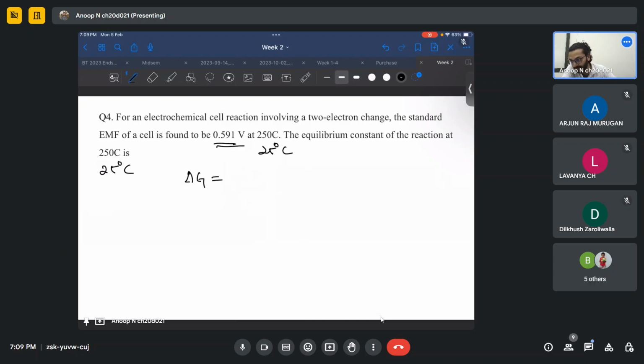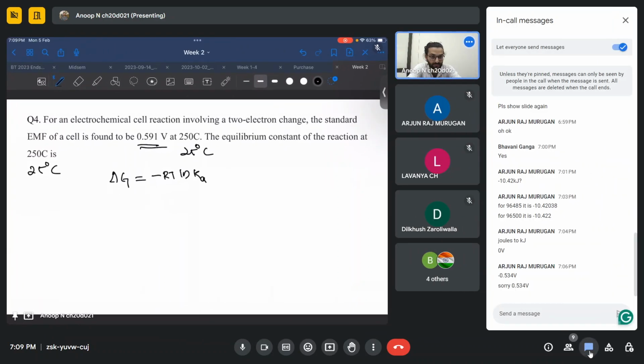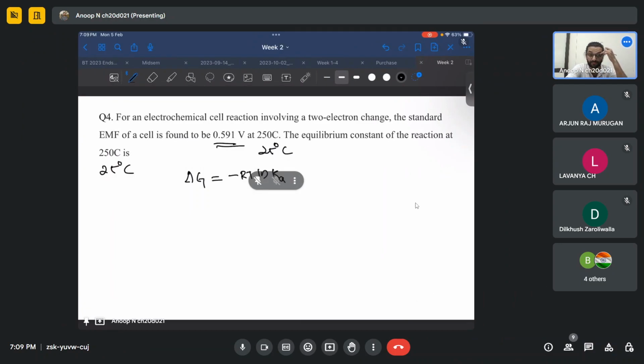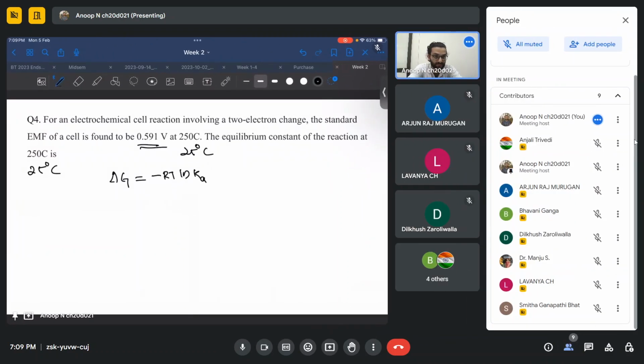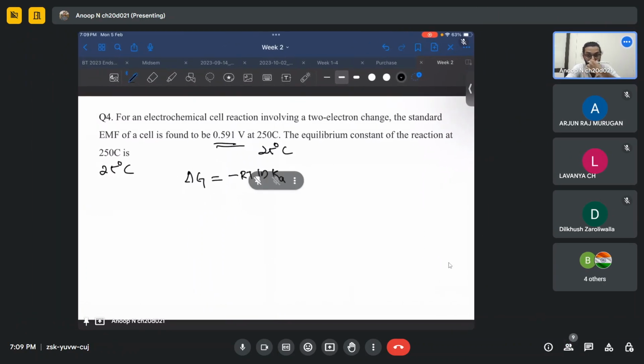Delta G is equal to minus RT ln K. Standard EMF is given, so you have to convert and do. Yeah, try to solve this.